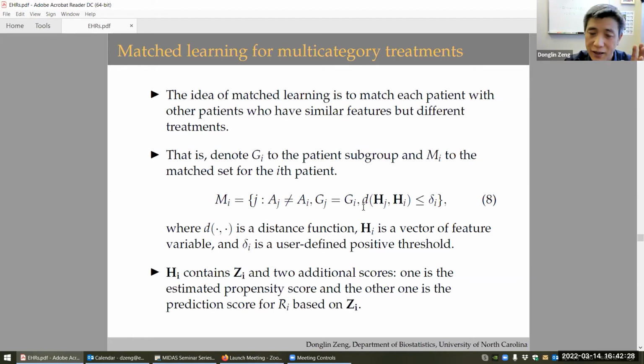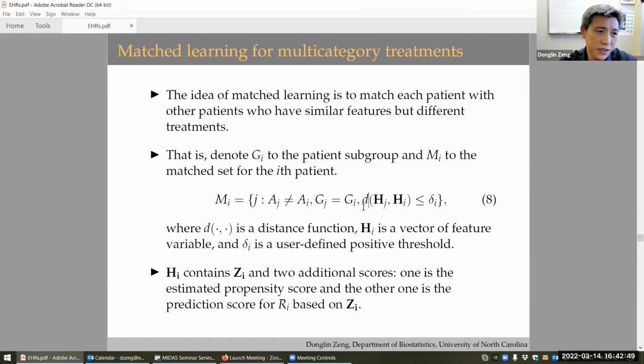One is, why does this patient get this treatment in practice? Obviously, it's not random, right? And also, what kind of patients are high risk for this disease versus low risk? They can also be informative about treatment response. So those two scores will be included in this matching.